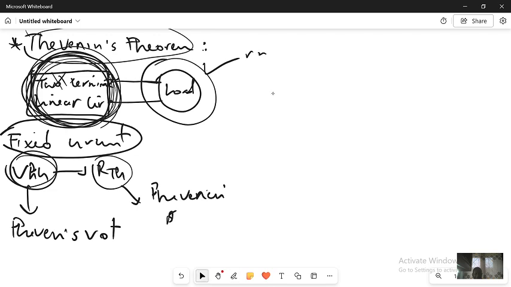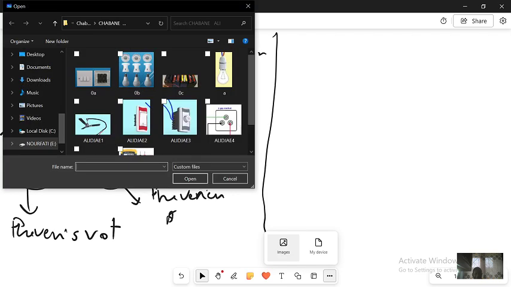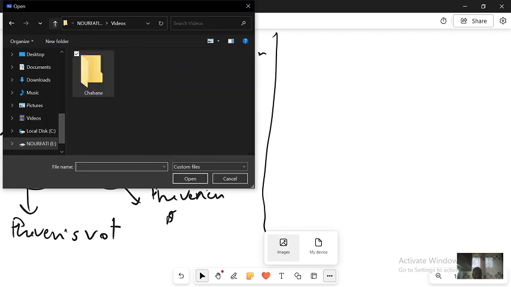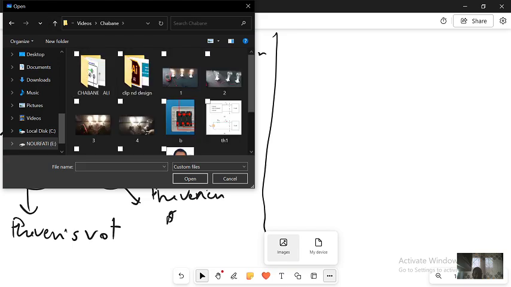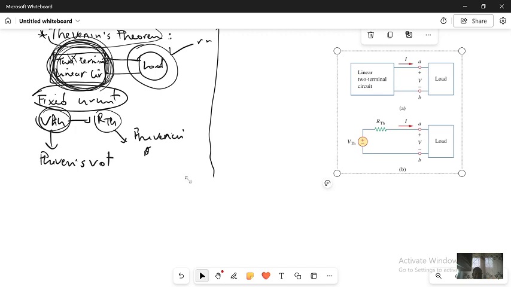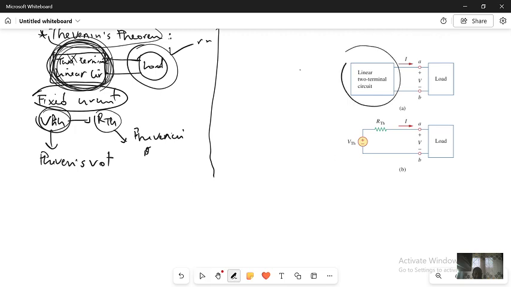Let's say for example I have this circuit, with this two-terminal linear circuit. I have the load, and this two-terminal linear circuit is supplying current to the load.